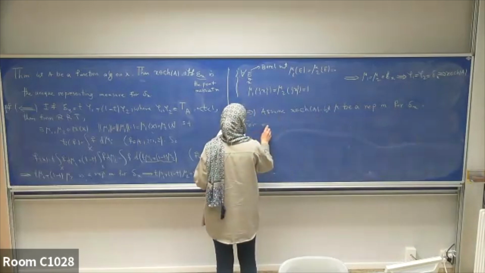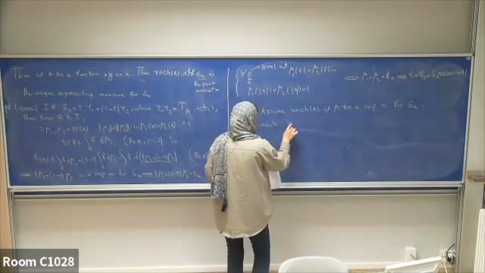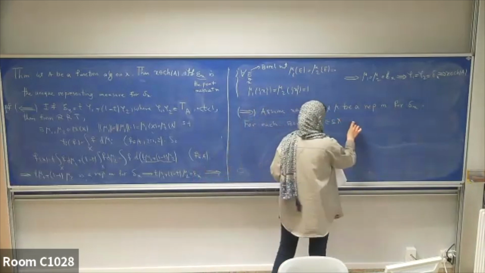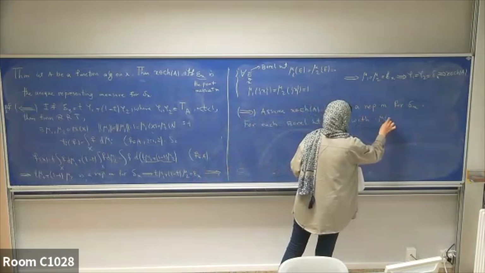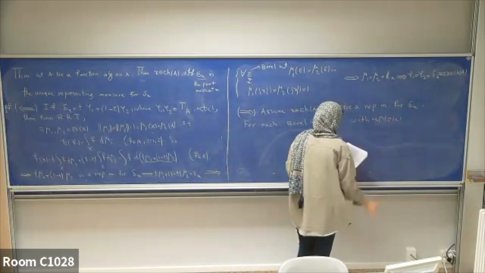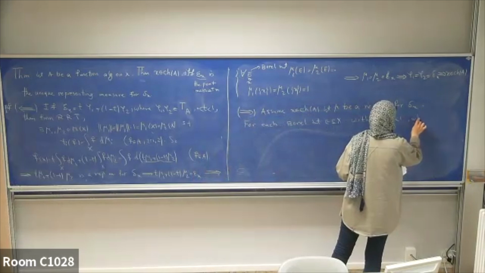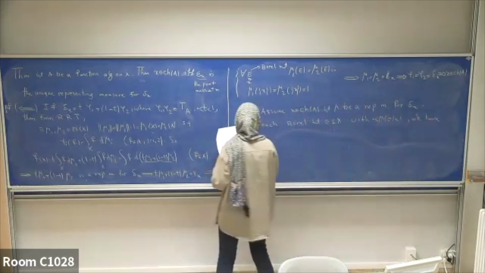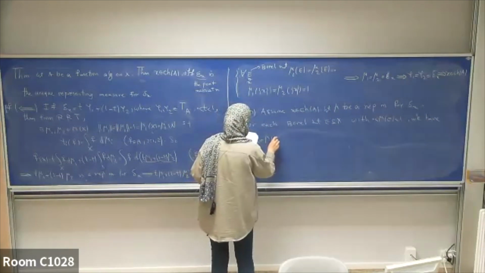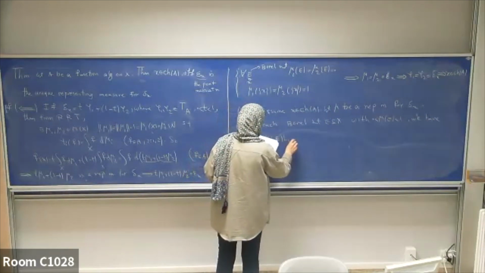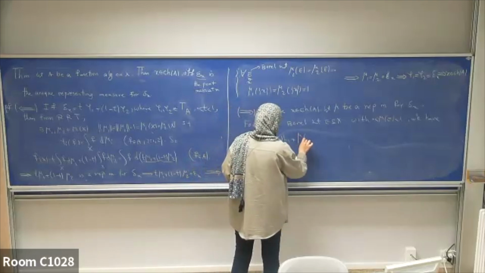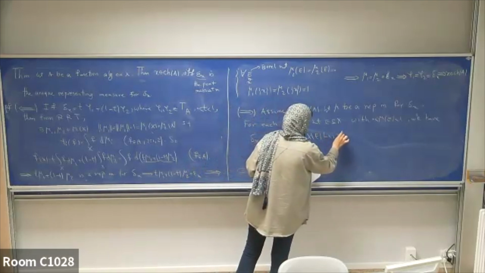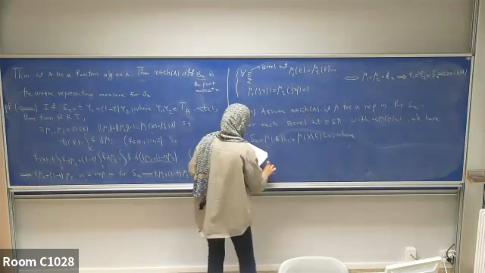For each Borel set E with mu of E less than 1 and greater than 0, we have delta x is mu of E times L1 plus mu of (X minus E) times L2, where L1 is this functional.